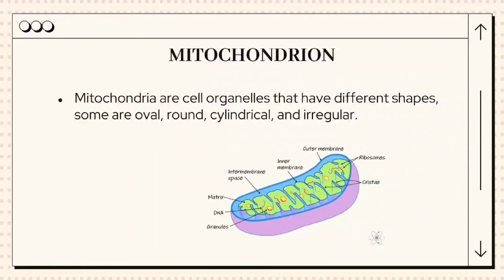And then mitochondrion. Mitochondria are cell organelles that have different shapes. Some are oval, round, cylindrical, and irregular.